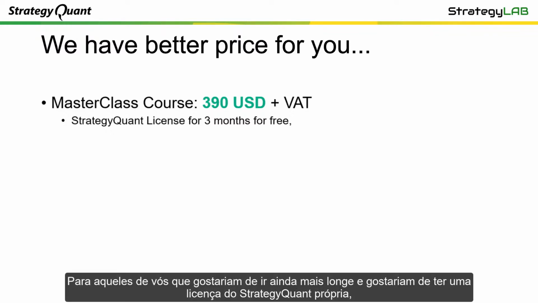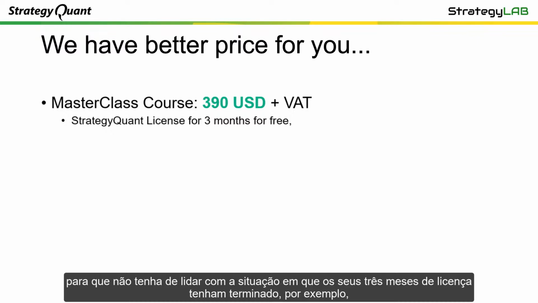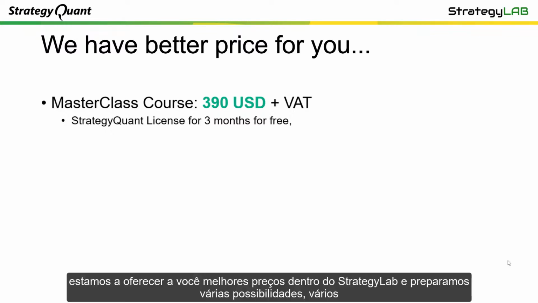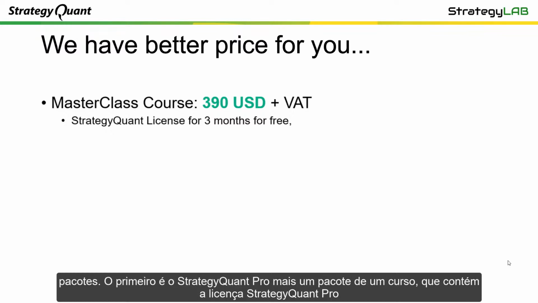The VAT will be additionally added according to your country. For those of you who would like to go even further and would like to have your own StrategyQuant license, so you don't have to deal with the situation where your 3-month license is over, we are giving you better pricing within Strategy Lab, and we've prepared several packages.